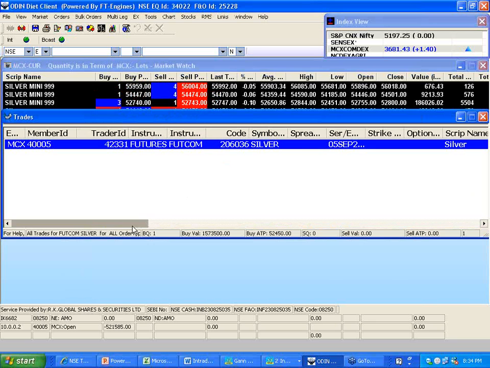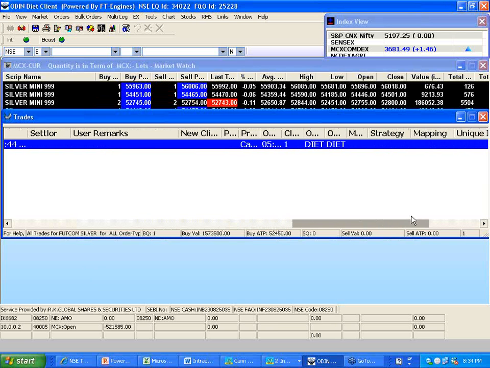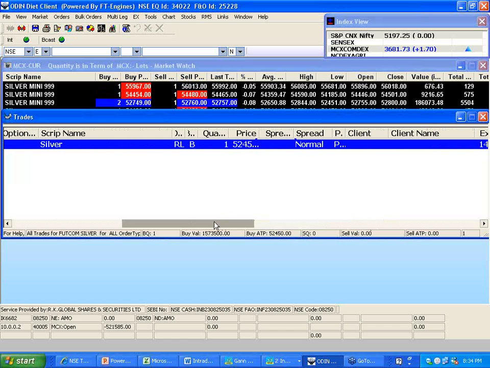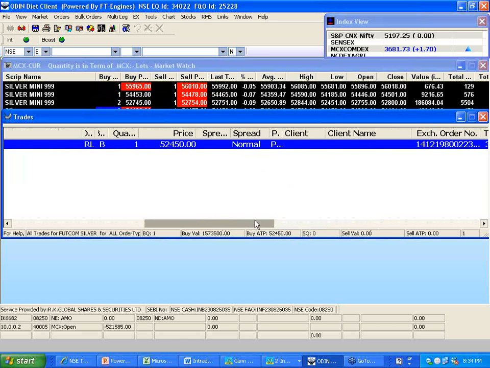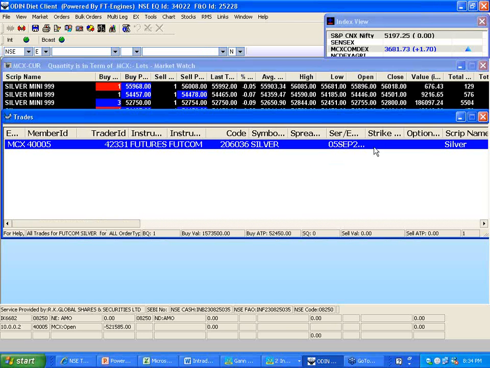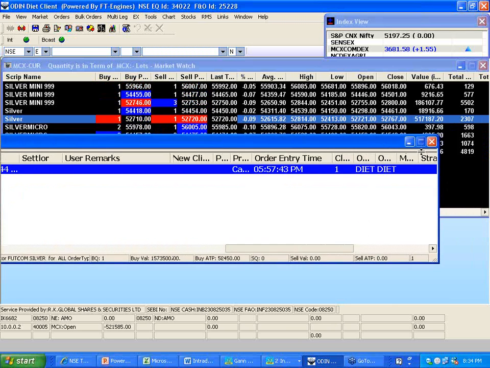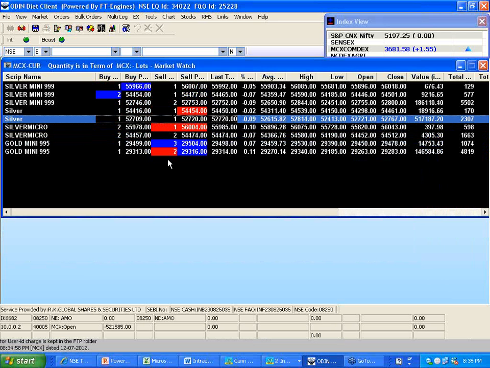I have entered at a different time. You can say this trade was entered by me at 5:57 today. I bought the Silver major contract at 52,450, and this is the major contract I entered at 5:57, and this is its current price.